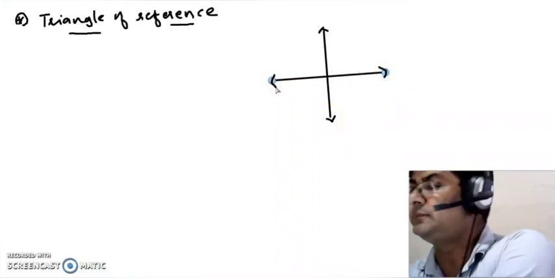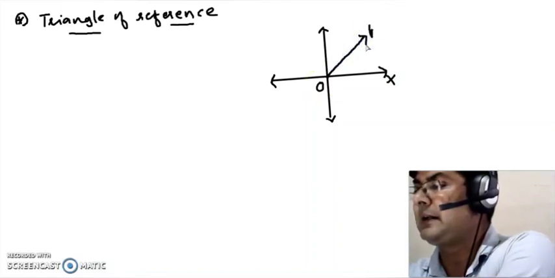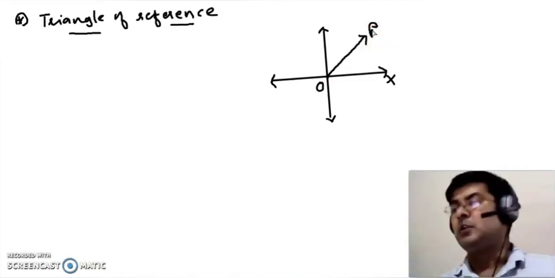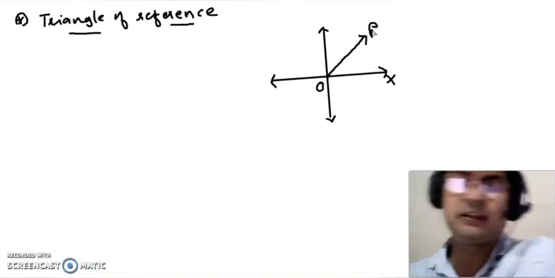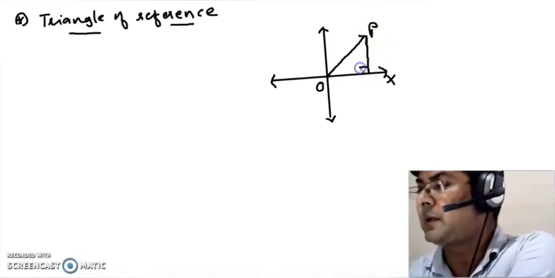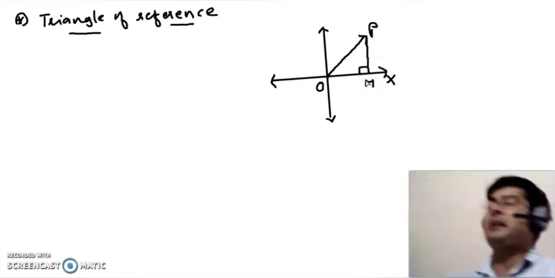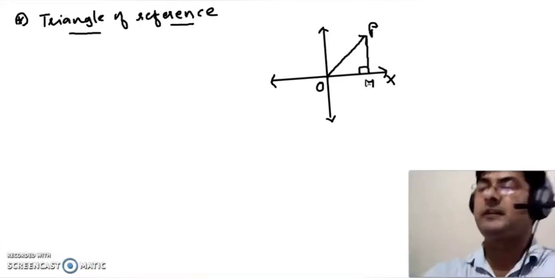Suppose we have an angle XOP. Now if you draw from any point on the terminal side, obviously OP represents the terminal side, so suppose from point P we draw a perpendicular on the x-axis, say PM, then triangle OMP or triangle POM is called the triangle of reference.